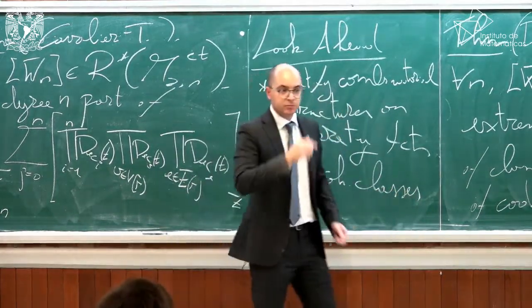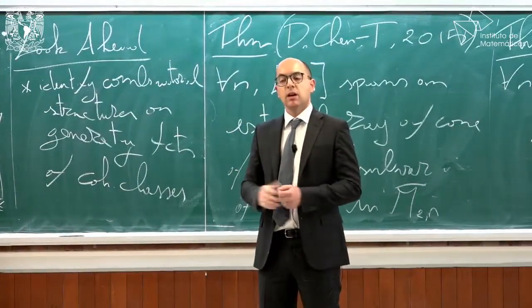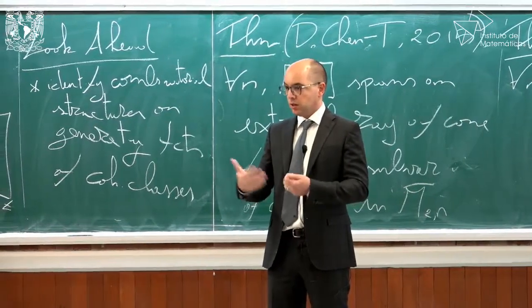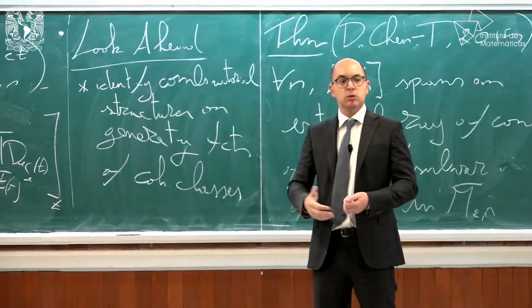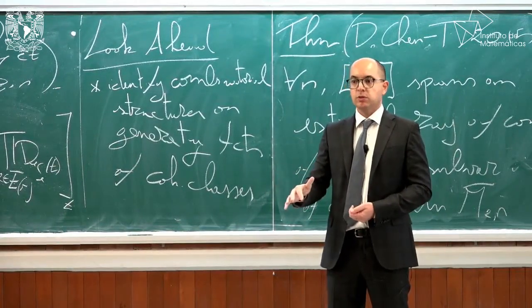One of the big examples that is a source of great inspiration, of course, is the Witten conjecture, Kontsevich theorem, which is about the generating function of top-dimensional intersections on the moduli space of curves.